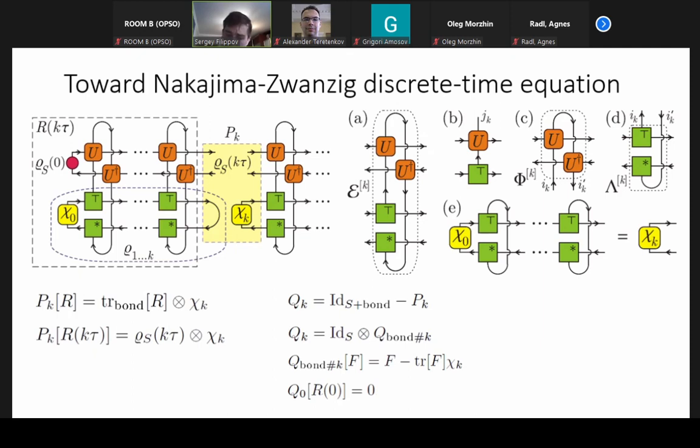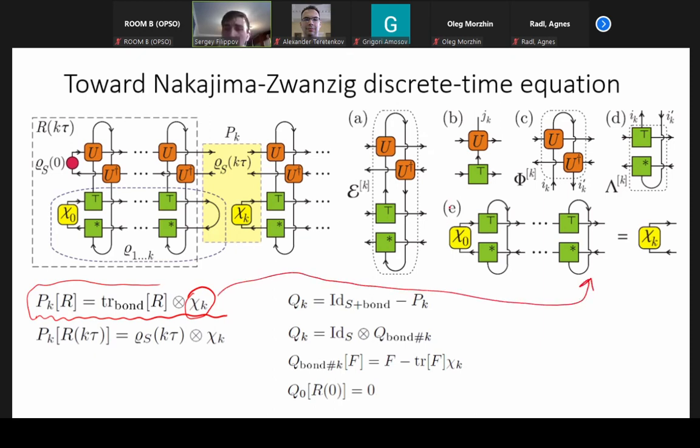I don't have much time to describe it in much detail, so I will simply say that the conventional approach to the operators should be a little bit modified to get a physically clear answer. So the operators chi, in the description of projections, should satisfy the diagram E, which represents free evolution of bond degrees of freedom.